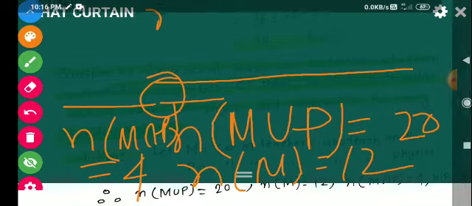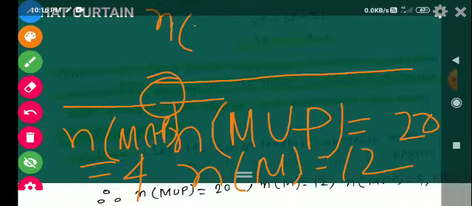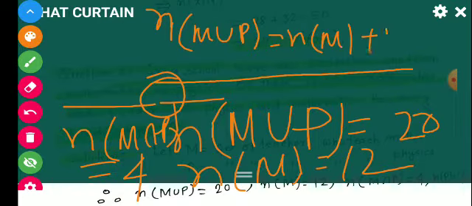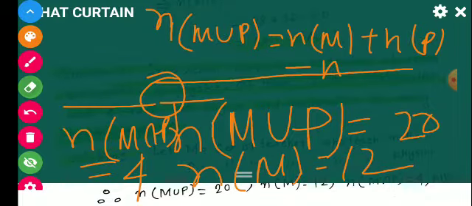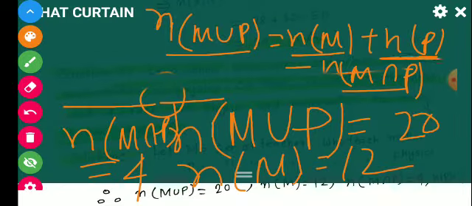So we have the formula: n of M union P equals n of M plus n of P minus n of M intersection P. All these values are given, only n of P we have to find out.